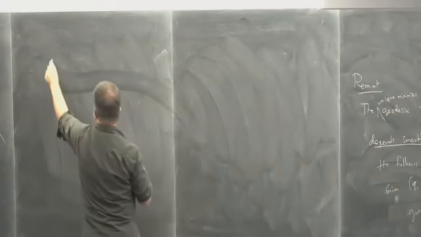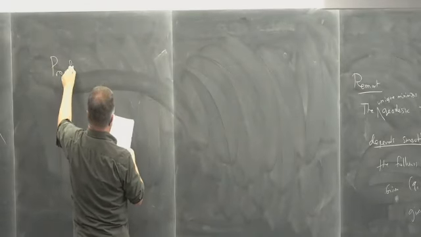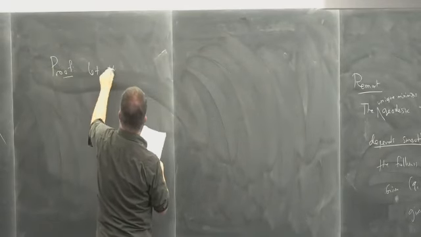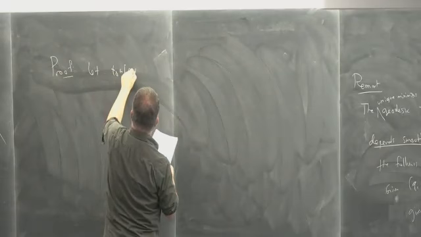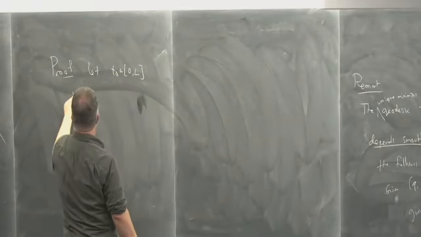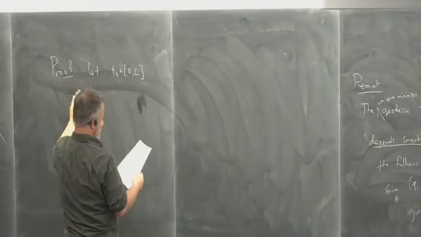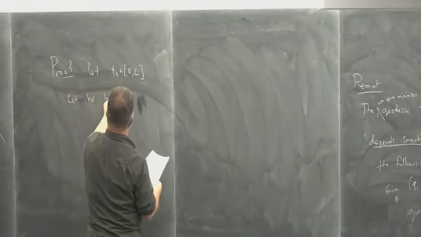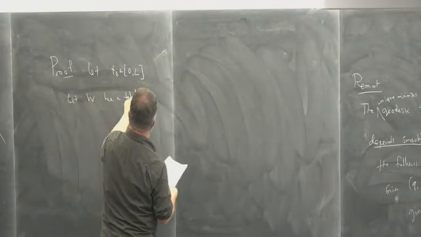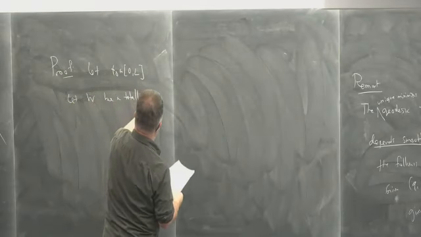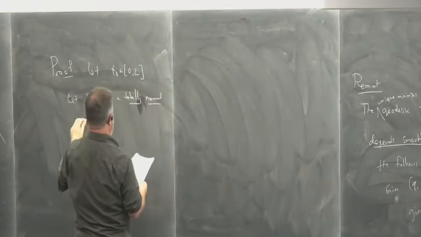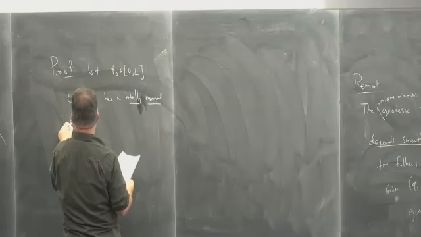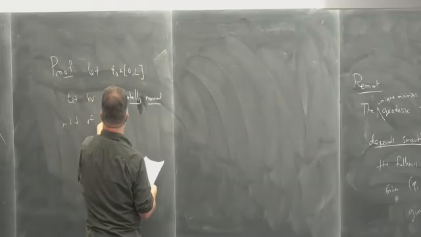So here's the proof. Let t naught be in [0, L], and let W be a totally normal neighborhood, the W from the previous theorem, of gamma of t naught.